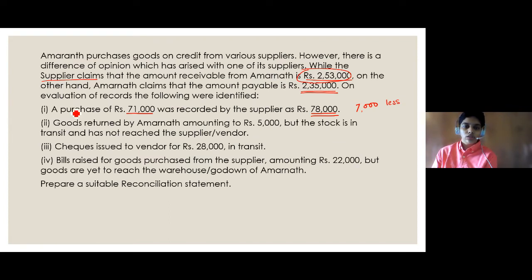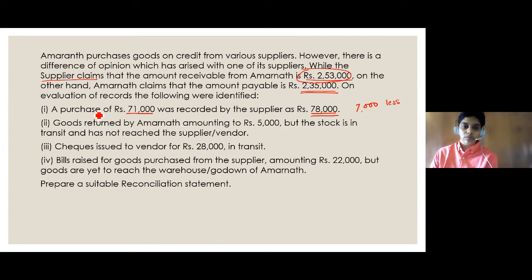Next item, goods returned by Amarnath amounting to rupees 5,000, and the stock is in transit, but it has not reached the supplier or the vendor yet. Now, in this case, goods have been returned by Amarnath. So from Amarnath's perspective, goods have gone from him and they should have reached the supplier, but they have not yet reached the supplier. So the supplier has not made any changes in his books. He has not deducted the amount on his books.